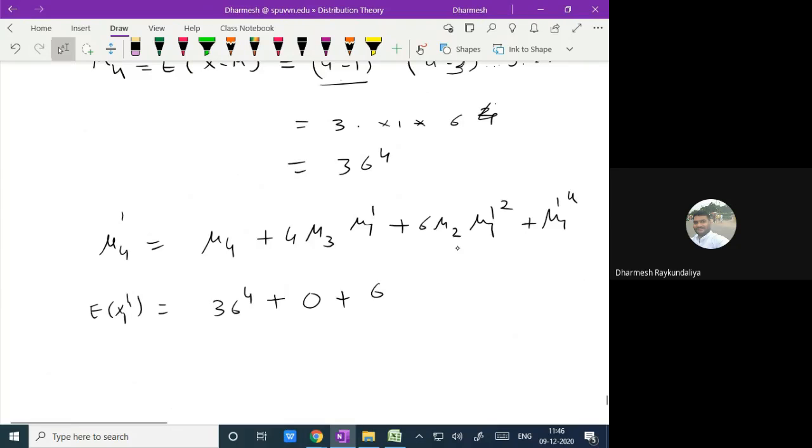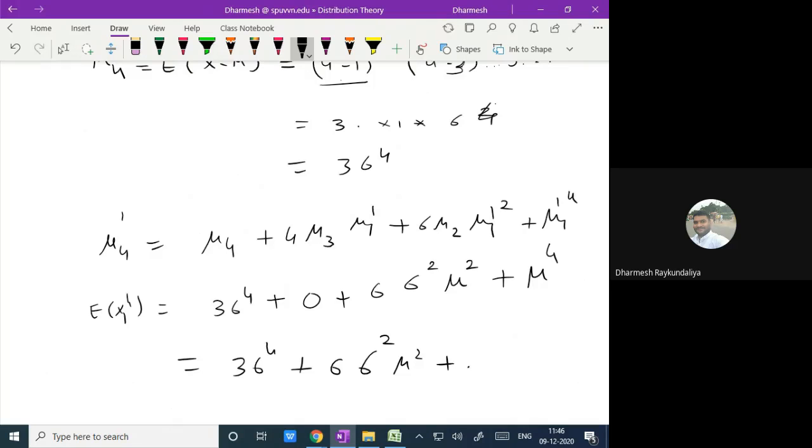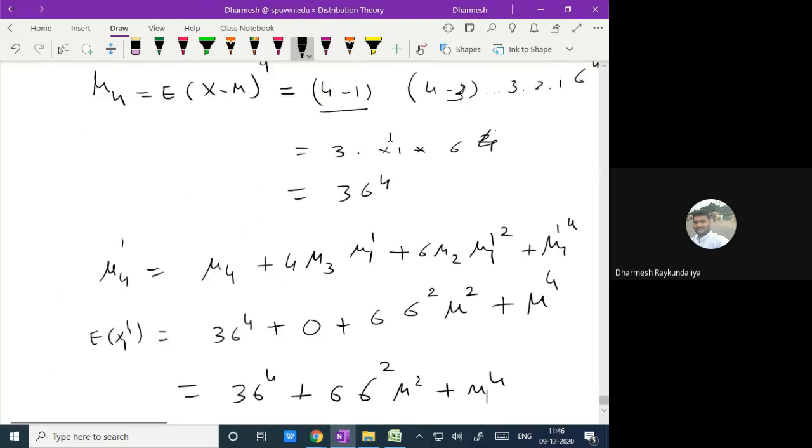And mu 2 is nothing but sigma square, and mu 1 dash is nothing but mu. So you will get 3 sigma raised to 4 plus 6 times sigma square mu square plus mu raised to 4.